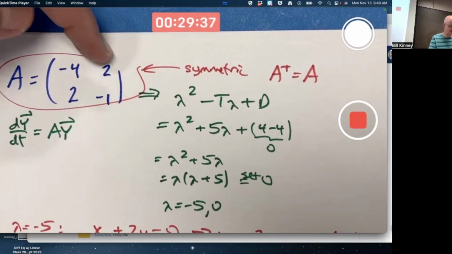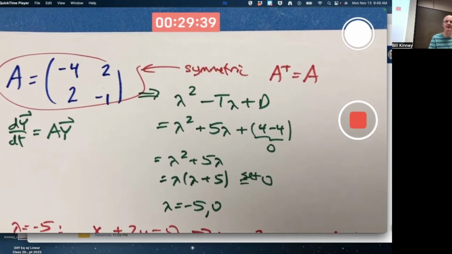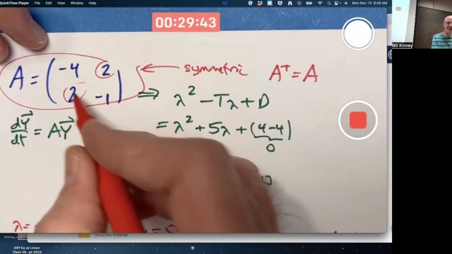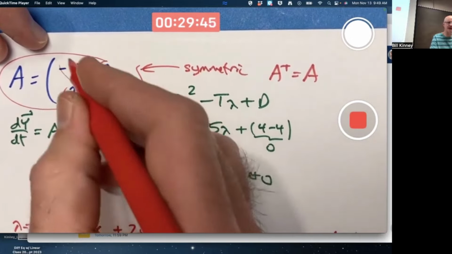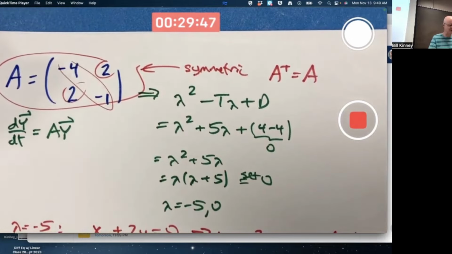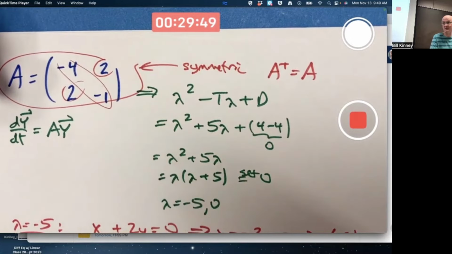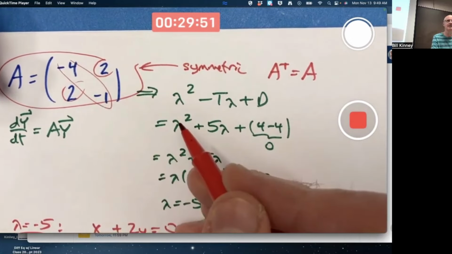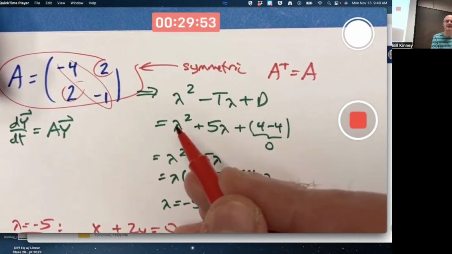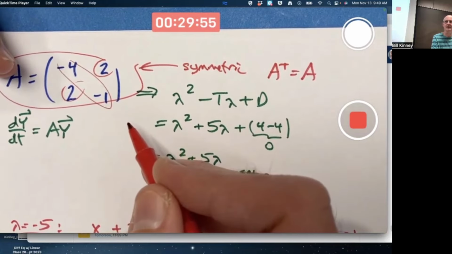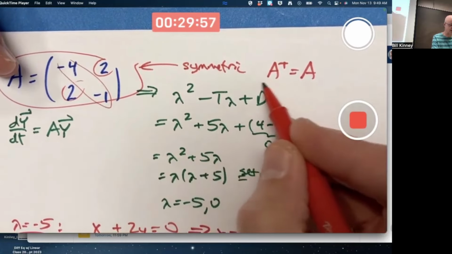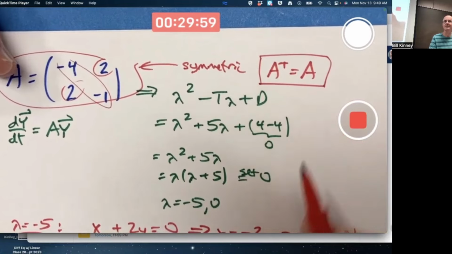Take the second row, make it the second column, you'll get the same second column. This is happening because these two numbers are the same. It's symmetric about the main diagonal, you might say. There's reflectional symmetry, kind of, as if the main diagonal is a mirror. The key thing is the transpose equals the matrix itself.